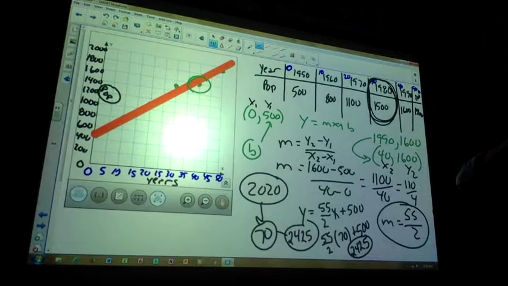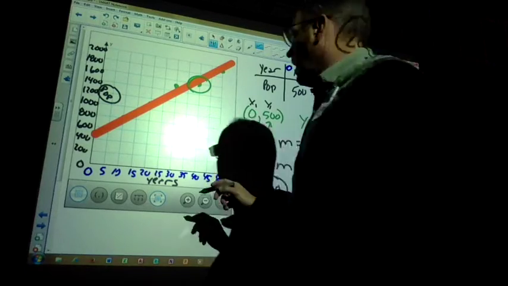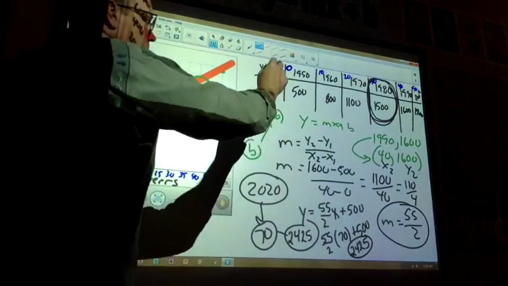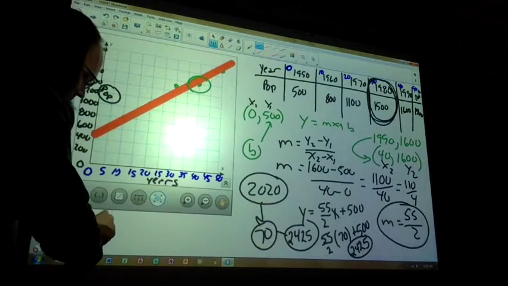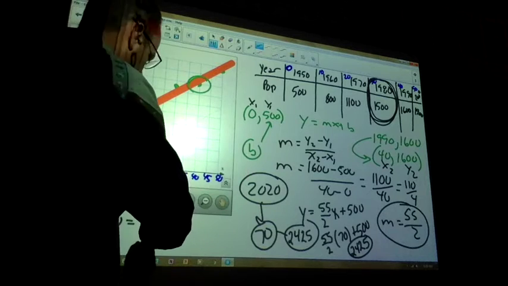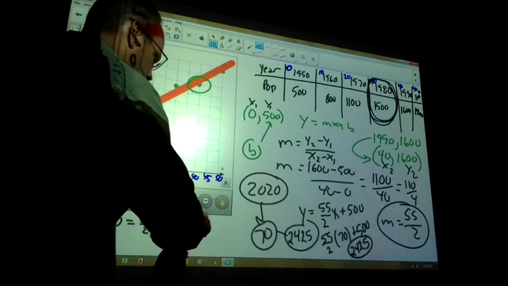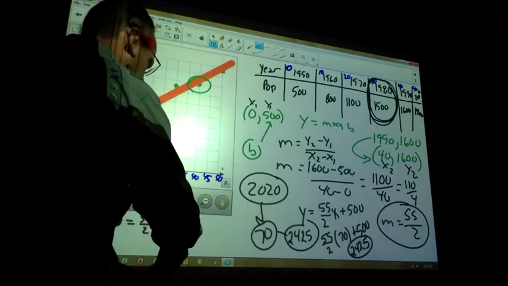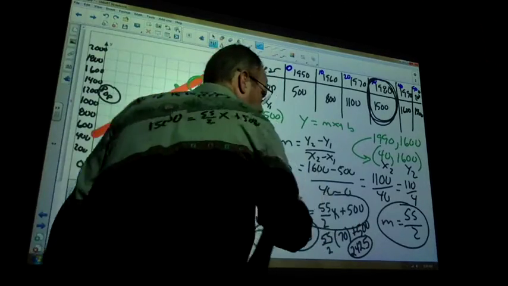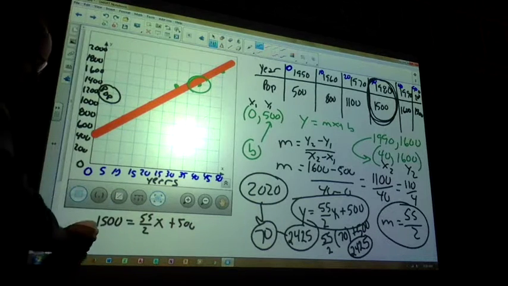But I want you to be real careful with this type of thing. I could also take that 1,500 and plug it in for y in my equation, to see if we're off a little bit. 55 over 2 times x plus 500. So I'm using my linear equation here. I'm plugging in 1,500. So if I subtract 500, this becomes 1,000.